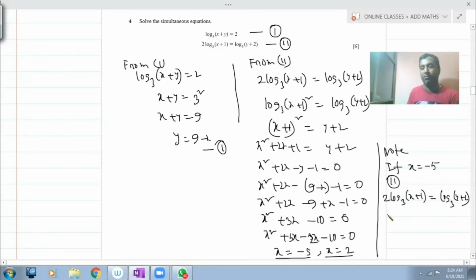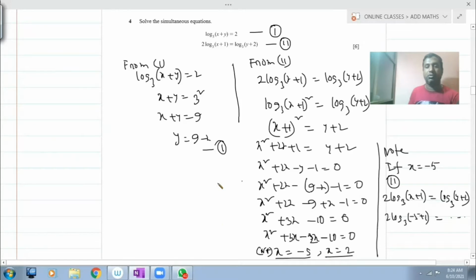If I use the minus 5 here, this part is minus 4, and log of negative numbers is not defined. So minus 5 is not acceptable.